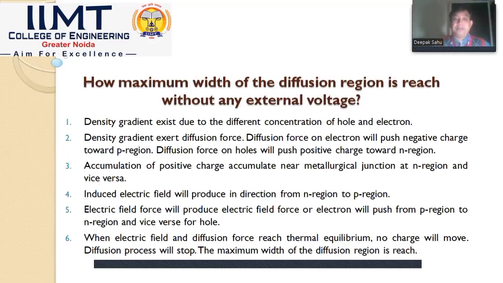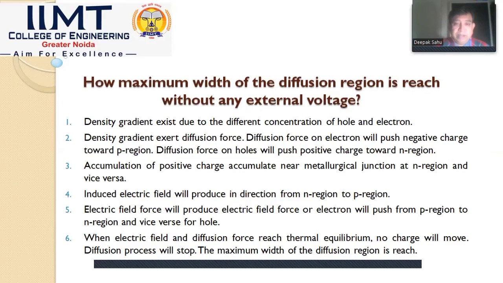Now, how much is the width, and how much depth of penetration can both charge carriers move into the opposite sides, which means how deep can holes move in the n region for the formation of depletion width, and how far can electrons move inside the p region.